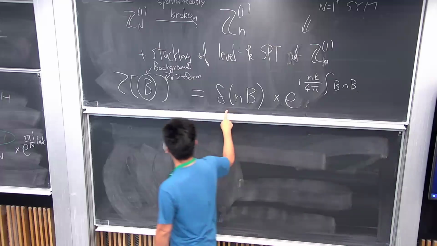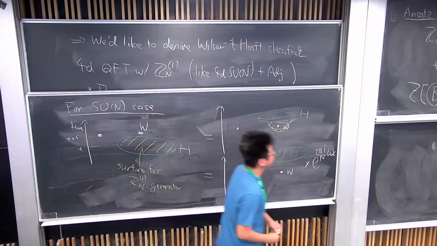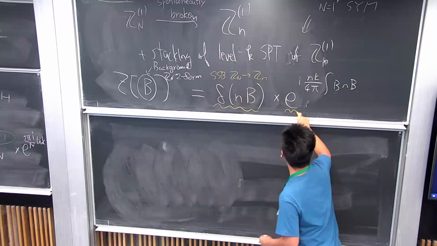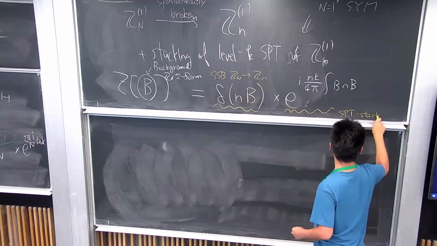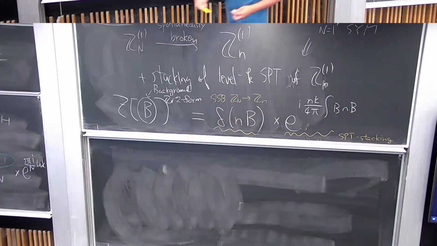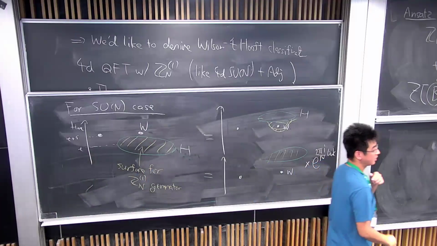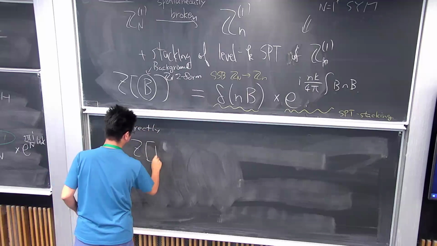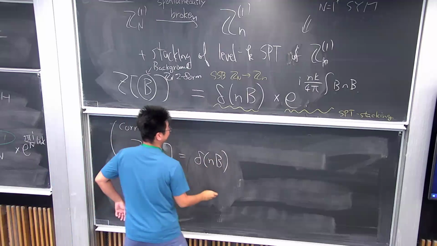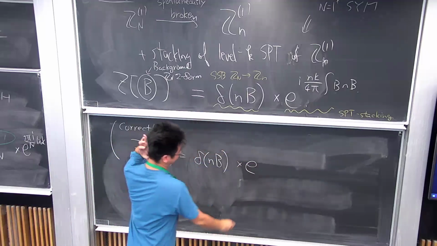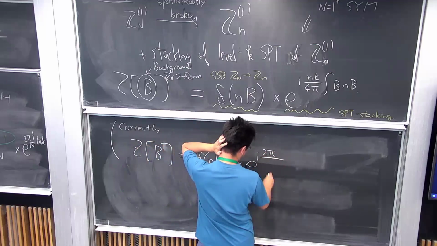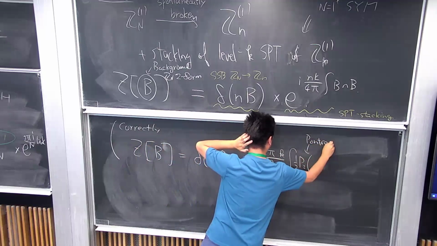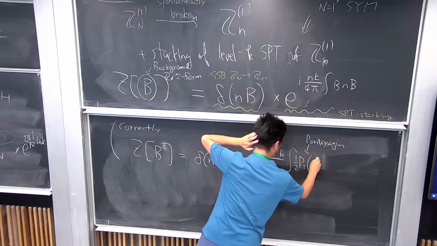And this is the RG fixed point partition function of this scenario, and this part represents SSB of Z_N down to Z_n, and this part is an SPT system. Correctly, in that cochain notation, we should have, let's see, 't Hooft pi over n, divided by.